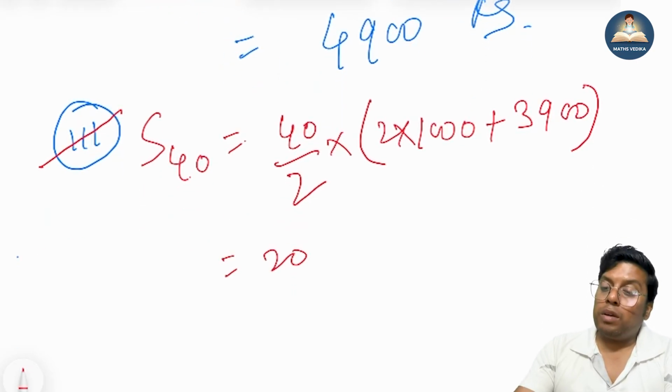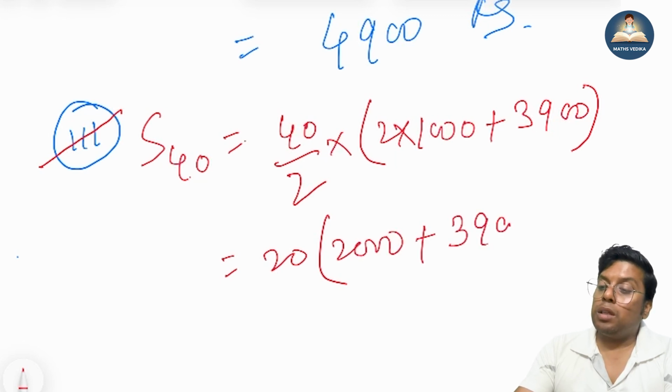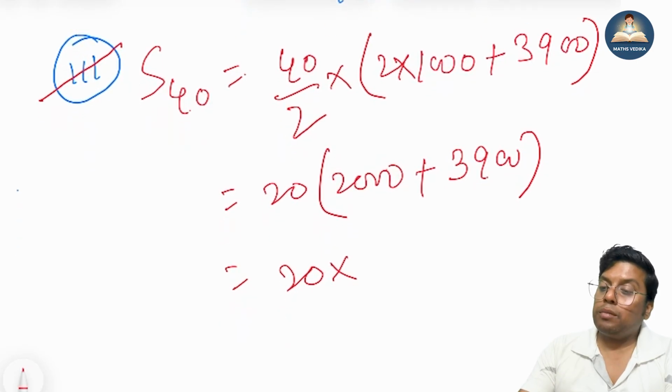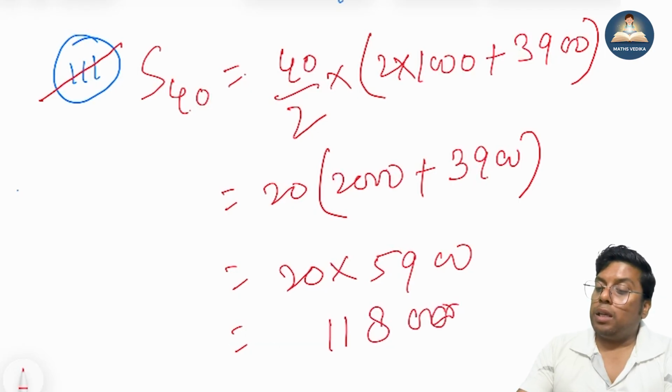So 20 into 2,000 plus 3,900, so 20 into 5,900, so it is 1,18,000.